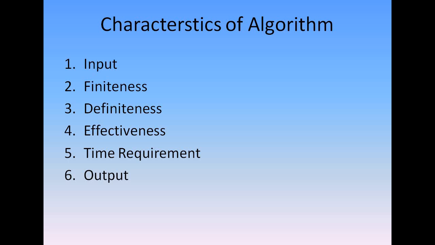An algorithm must be effective, which means that all the operations are executable, and care must be taken that the steps of the algorithm should be basic enough to be solved by pen and paper only.